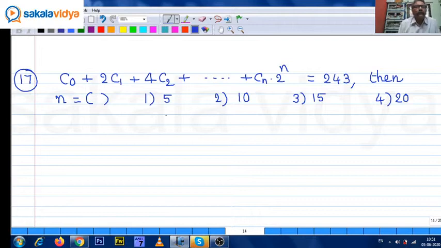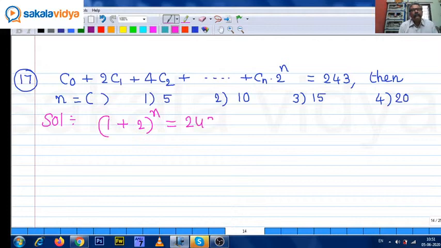Okay, now if you observe this, C0 into 1, C1 into 2, C2 into 2 square and Cn into 2 power n. So this can be written like this. Solution: (1 plus 2) whole to the power of n equals 243. This is 3 to the power of n equals 243. 243 we need to write as a power of 3.